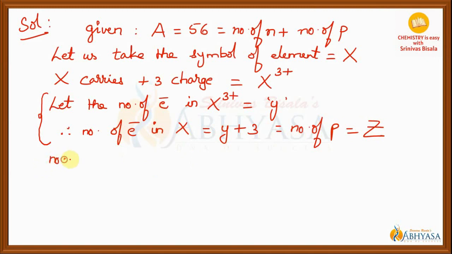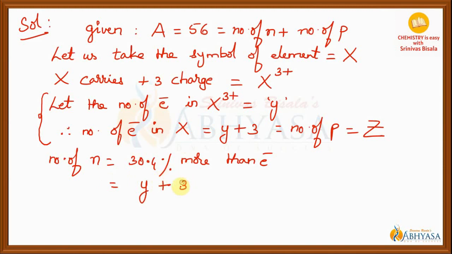And it is also given that the number of neutrons is 30.4% more than electrons. It means whatever the number of electrons is, that will be there, plus additionally there will be 30.4% of the Y value.